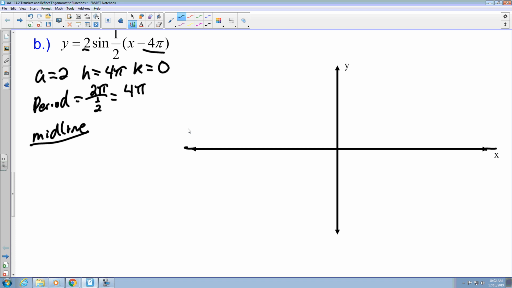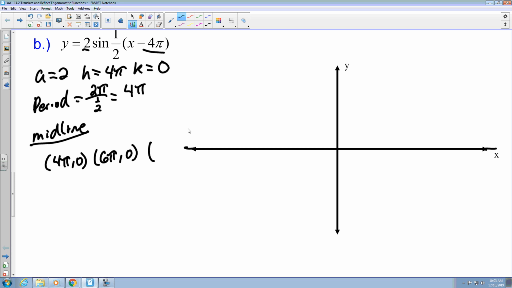So in this case, h is 4 pi, so this is going to be 4 pi comma 0. The next one is 1/2 times that period, and this period is also 4 pi, so that becomes 2 pi, and then we add it to h. 2 pi plus 4 pi would be 6 pi, so we got 6 pi comma 0.